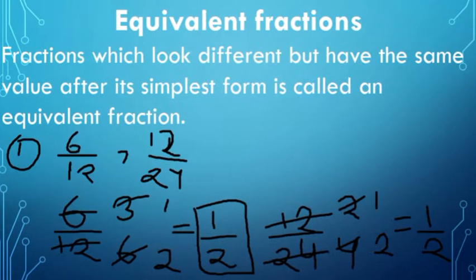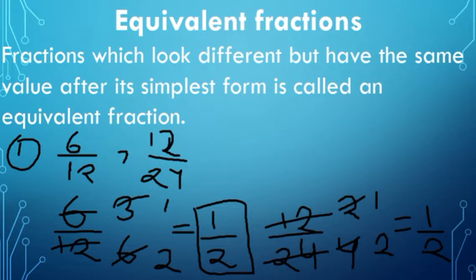Now let's see some equivalent fractions. Fractions which look different but have the same value in their simplest form are called equivalent fractions. This means that if any two given fractions look different, as the numerator and denominator are different, but their simplest form value is the same. See, 6 by 12 and 12 by 24.